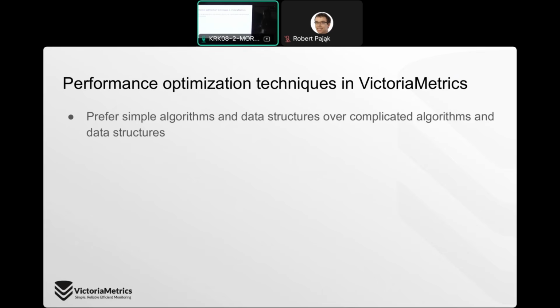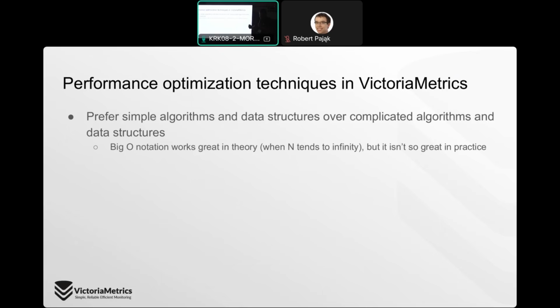The next important thing which is used in VictoriaMetrics, and which I recommend when you want to optimize programs, is to use simple algorithms and data structures. And do not use complicated algorithms and data structures. There is a common wisdom that complicated algorithms and data structures are good for performance. That's not true from my practice.